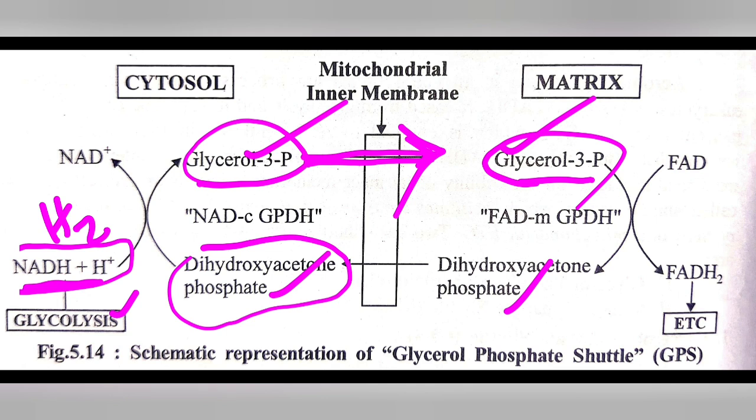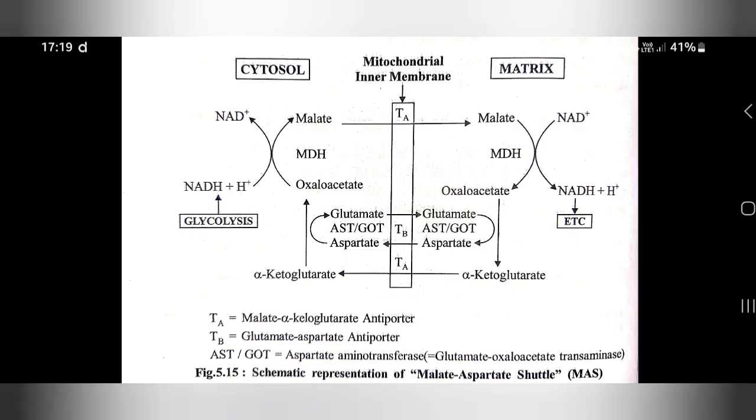Dihydroxyacetone phosphate again moves back to cytosol, and that FADH2 enters inside the electron transport chain to perform the electron transport and to produce adenosine triphosphate. Here two enzymes control the reaction. One is NAD linked cytosolic glycerol 3-phosphate dehydrogenase and the second one is FAD linked mitochondrial glycerol 3-phosphate dehydrogenase. C means cytosolic and M means mitochondrial.